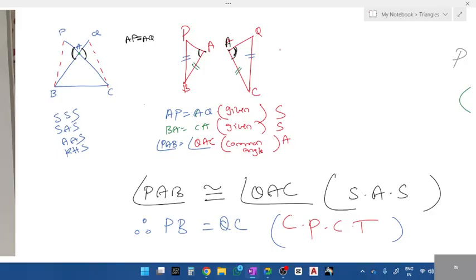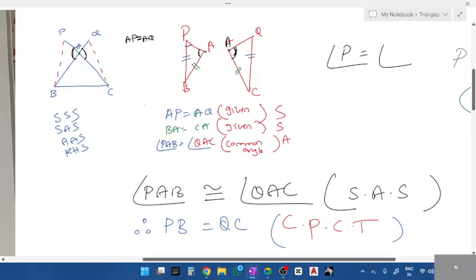Delicia, can you tell me the other angles which will be equal? Is Delicia online? What are the other angles? A is common. If it is congruent, what are the other angles we have? Angle P should be equal to... You were not attentive, right? Couldn't understand?